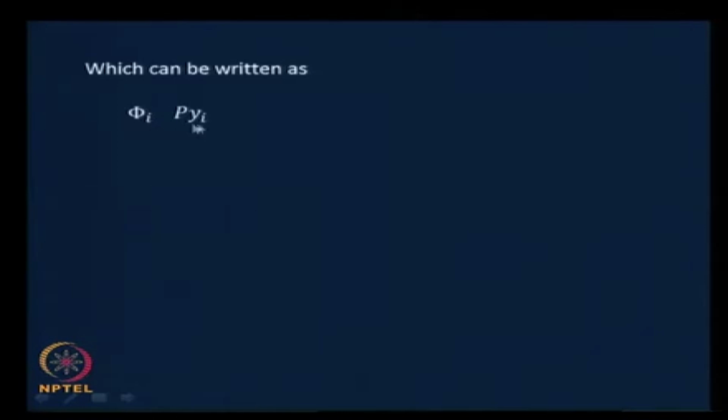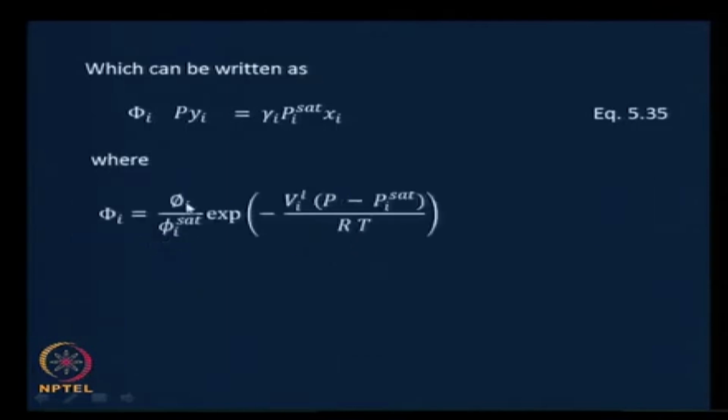Phi I into P y I equals gamma I P I sat x I, which means the remaining terms have all been combined into a phi I, where phi I equals phi I divided by phi I sat exponential of minus V I L (P minus P I sat) by R T. Let us call this equation 536.